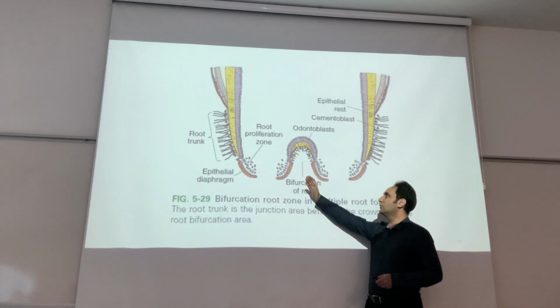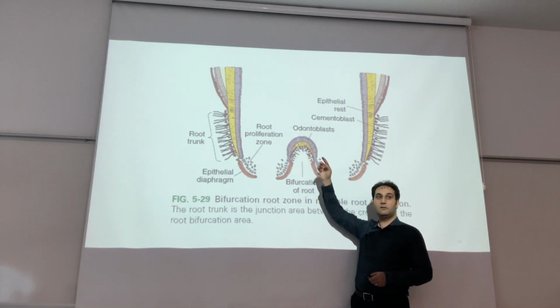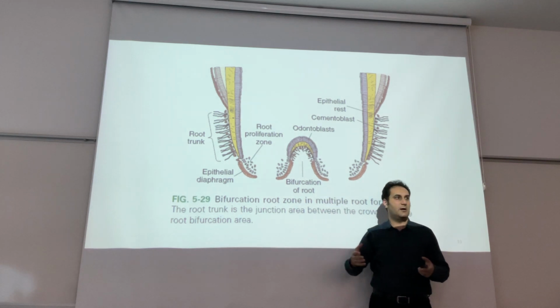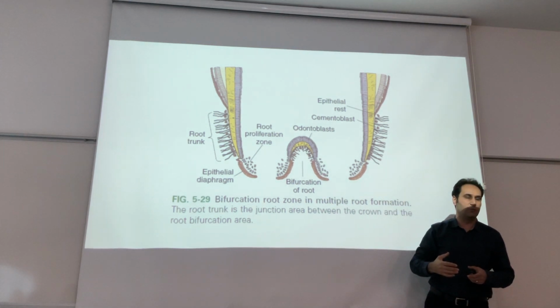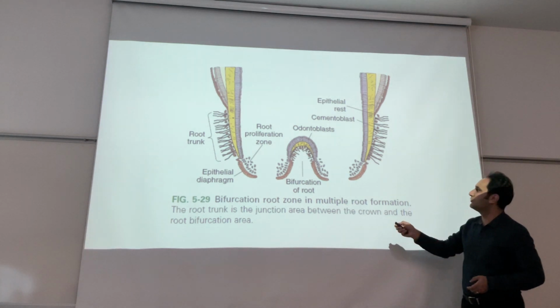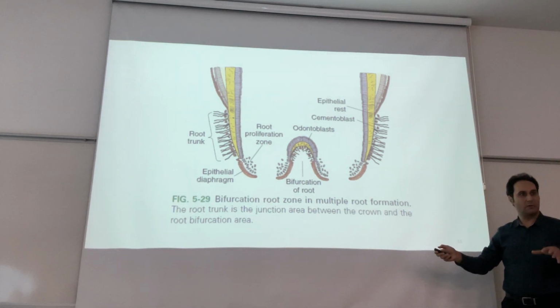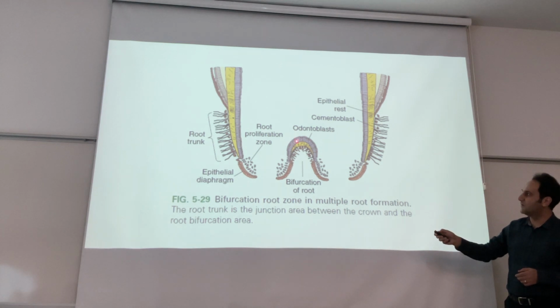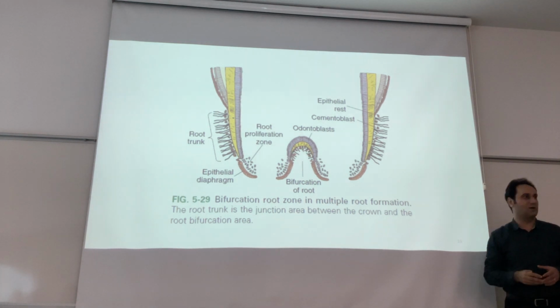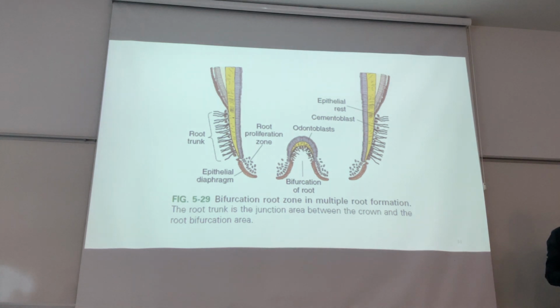And in this part, our sheath again accumulates the odontoblasts here from the pulp. Odontoblasts in this part again start to produce the predentin and dentin, and on the opposite side again you can see formation of cementum, periodontal ligament, and connective tissue in the area between the roots. Okay? Can you understand here? It's very important.